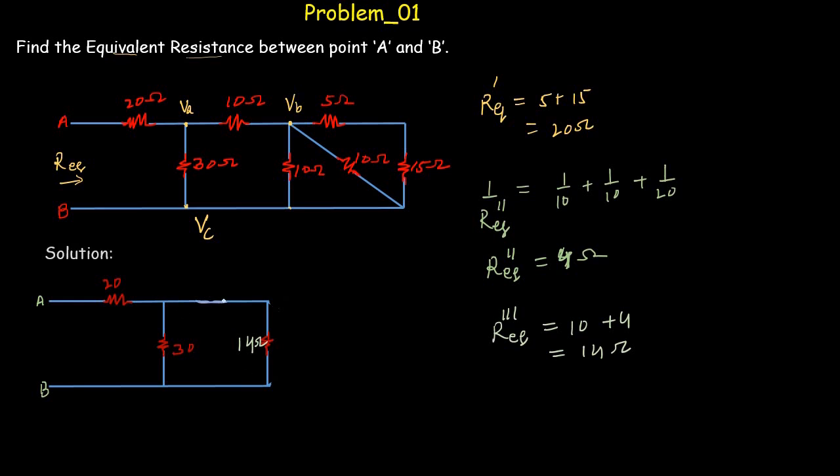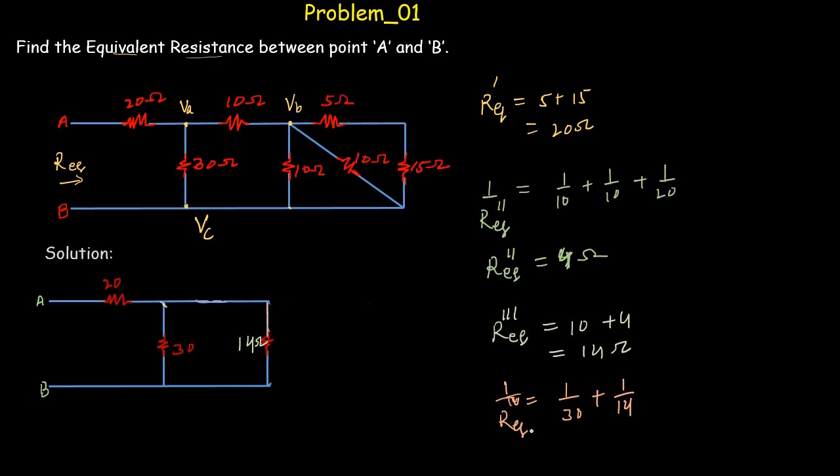Now if you analyze this network again, then you will see that these 2 resistors are in parallel because one end of these 2 resistors is connected to this point and the other end of these 2 resistors is connected to this point. So the equivalent resistance between these 2 points is 1 divided by R equivalent quadruple dash, equal to 1 divided by 30 plus 1 divided by 14.